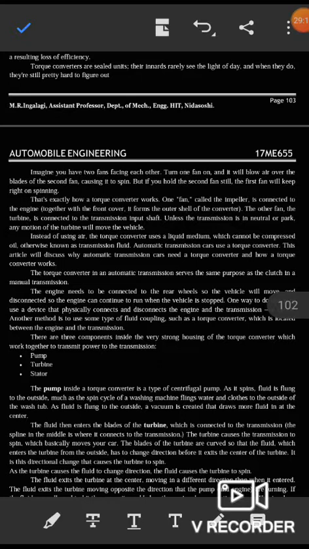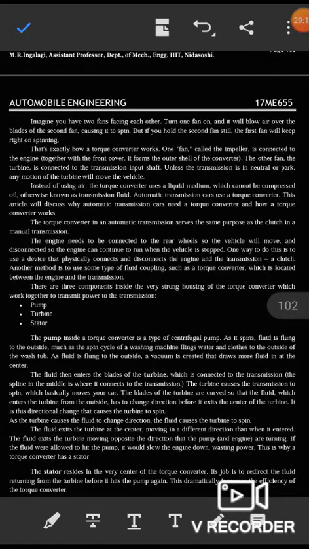The torque converter in an automatic transmission serves the same purpose as the clutch in the manual transmission. The engine needs to be connected to the rear wheels so the vehicle will move, and disconnected so that the engine can continue to run when the vehicle is stopped.